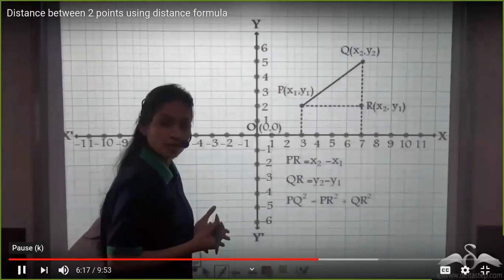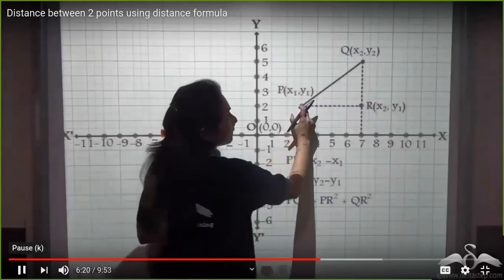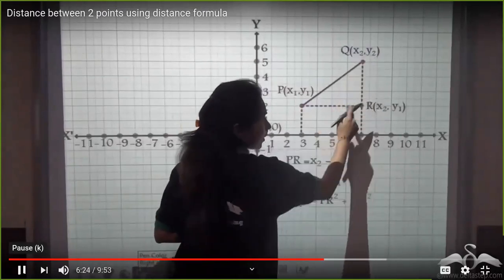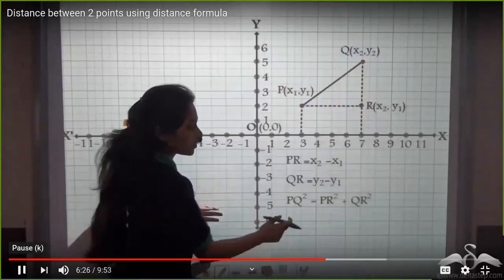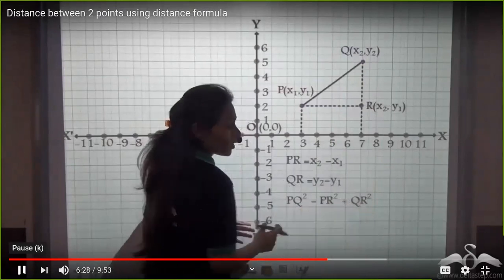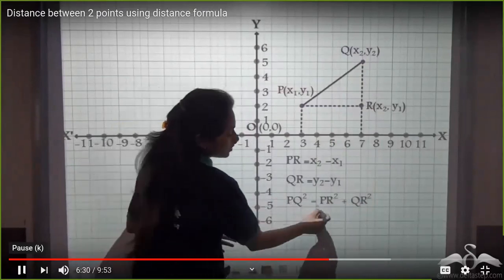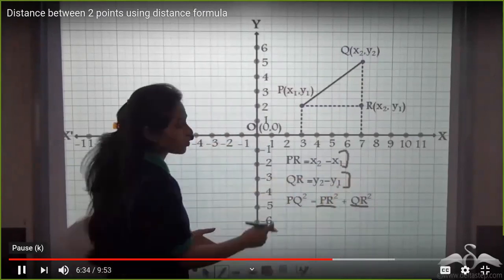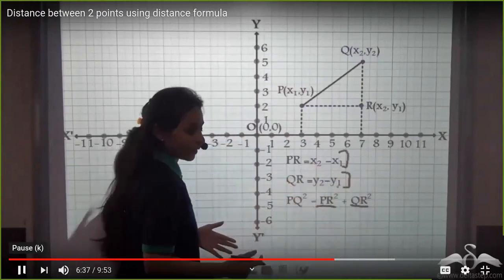Now from the Pythagoras formula, we have seen PQ squared is equal to PR squared plus QR squared, that is hypotenuse squared is equal to base squared plus perpendicular squared. Now, instead of this, we can write out their values, which we have already taken out. So, substituting this, let's see what we get.